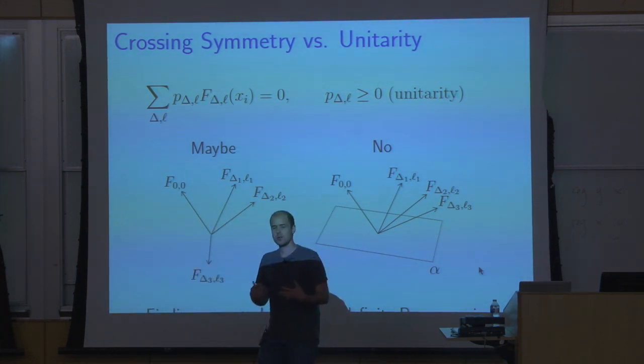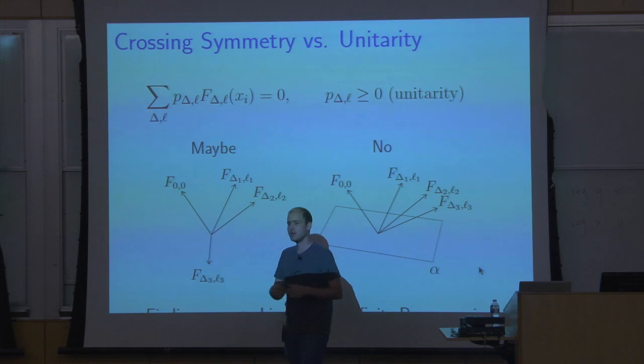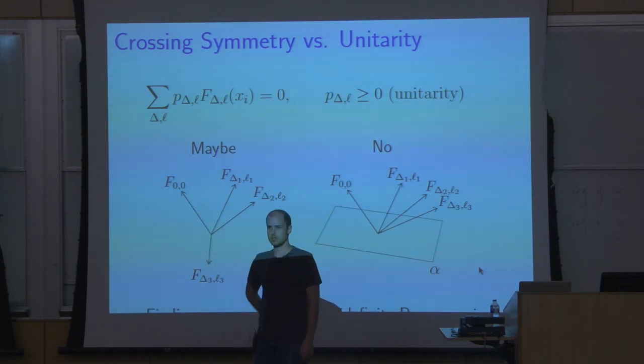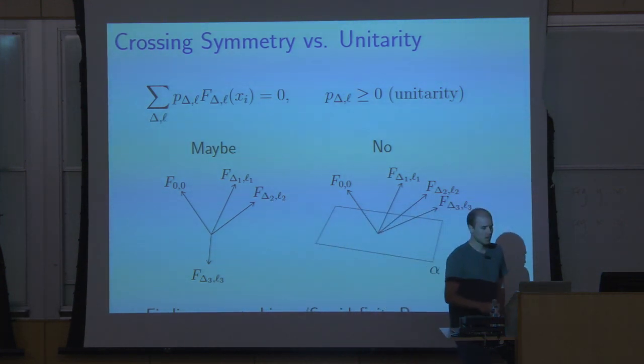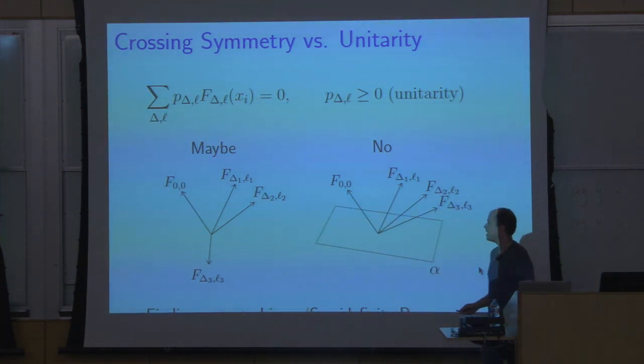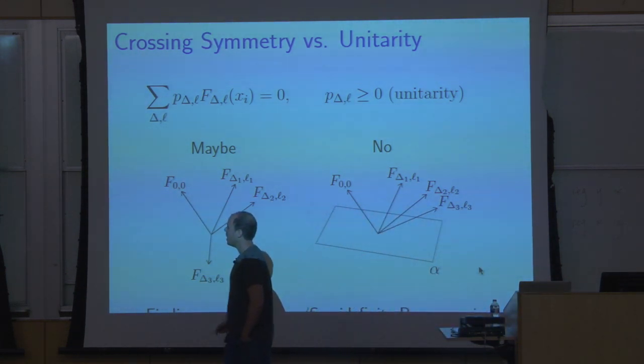Then it asks the question, do they all lie on the same side of some plane? If they do, then there's a problem. The list you gave it was inconsistent.